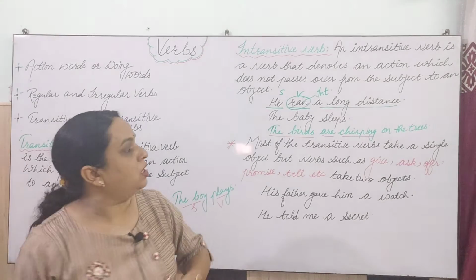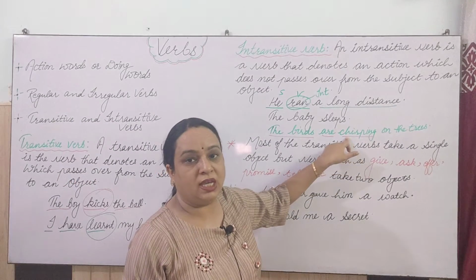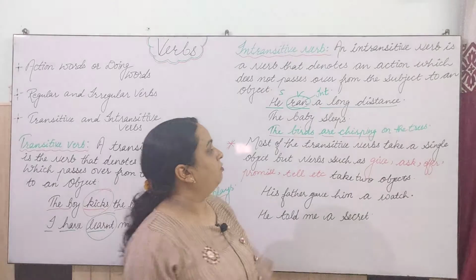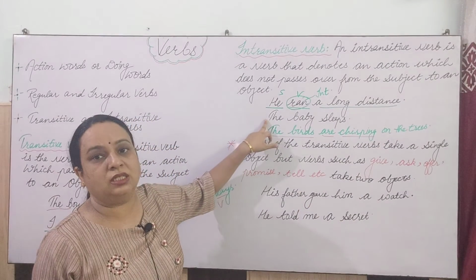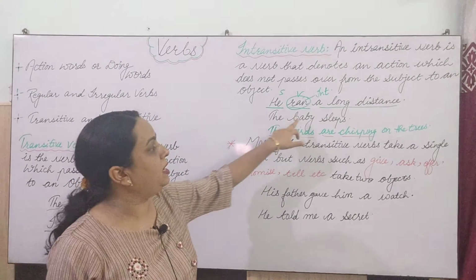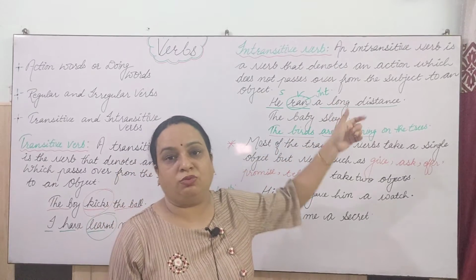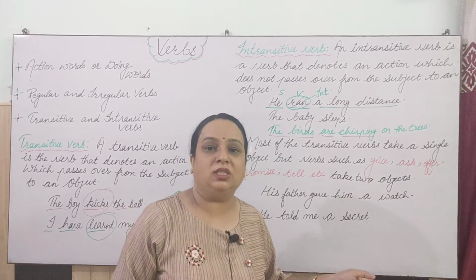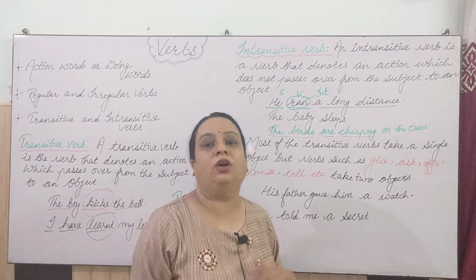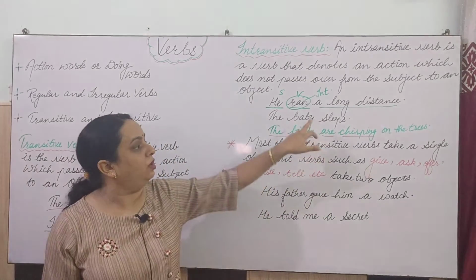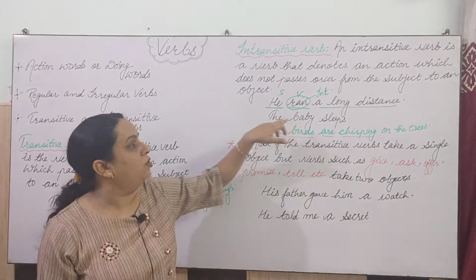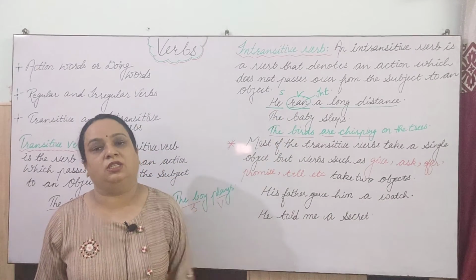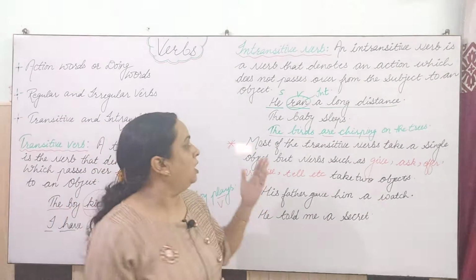So chirping is also working as an intransitive verb here. Let's see the second sentence, the baby sleeps. The baby is the subject and sleeps is the verb, and after that there is no complement, no object. If we are not able to get the object after the verb, the verb will be intransitive. Moreover, we cannot change this sentence into its passive form.